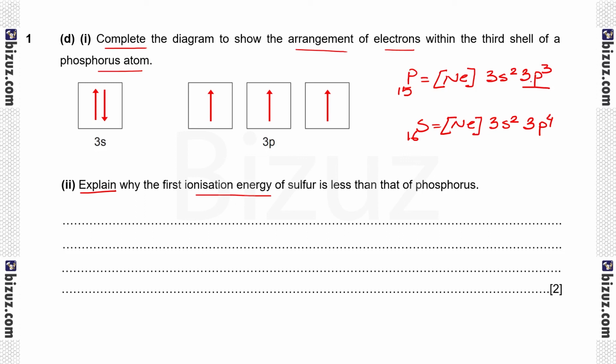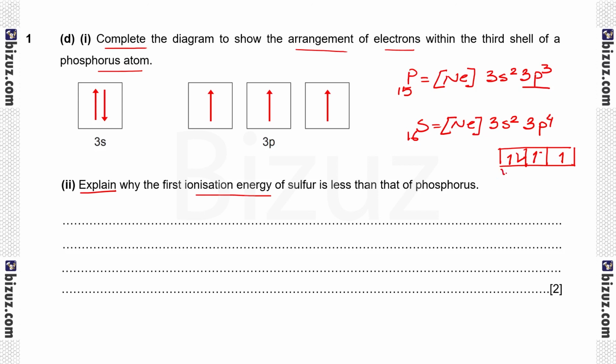Comparing the electronic configuration of phosphorus and sulfur, we can see that the 3p orbital of phosphorus is singly filled. That means in each of the orbitals there is one electron. But for sulfur, if we compare the electronic configuration for the p subshell, we can see that in the first orbital there are 2 electrons, and in the second orbital there is 1 electron, in the third orbital there is 1 electron.